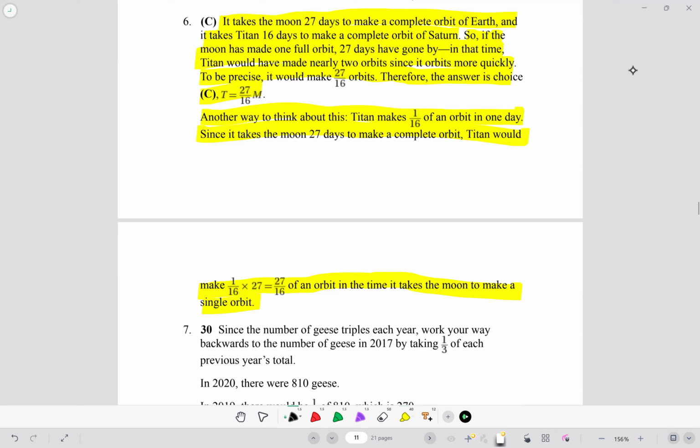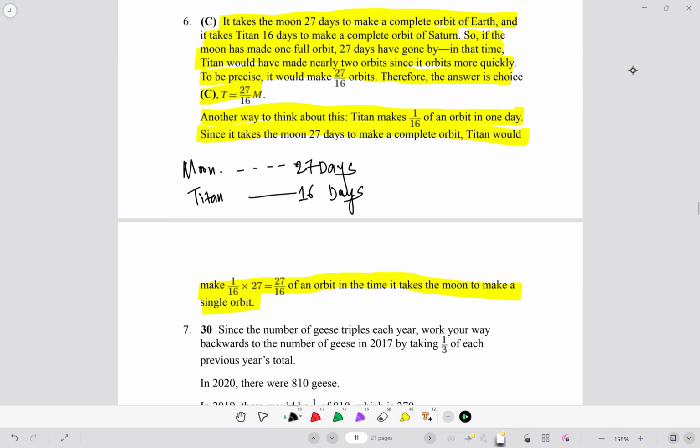Just a word problem, okay? For the moon it is taking 27 days, for Titan it is taking 16 days. So Titan would definitely make the orbit faster, more than the moon can.